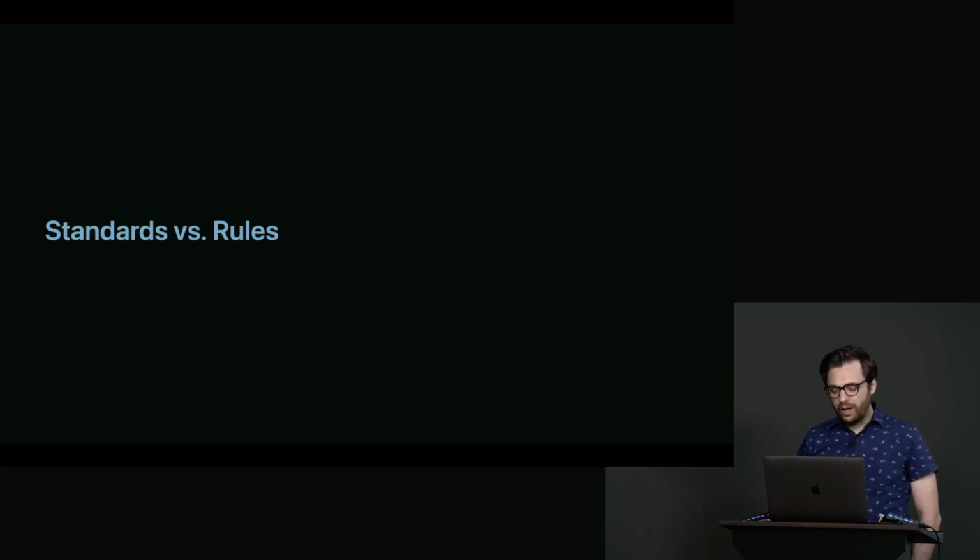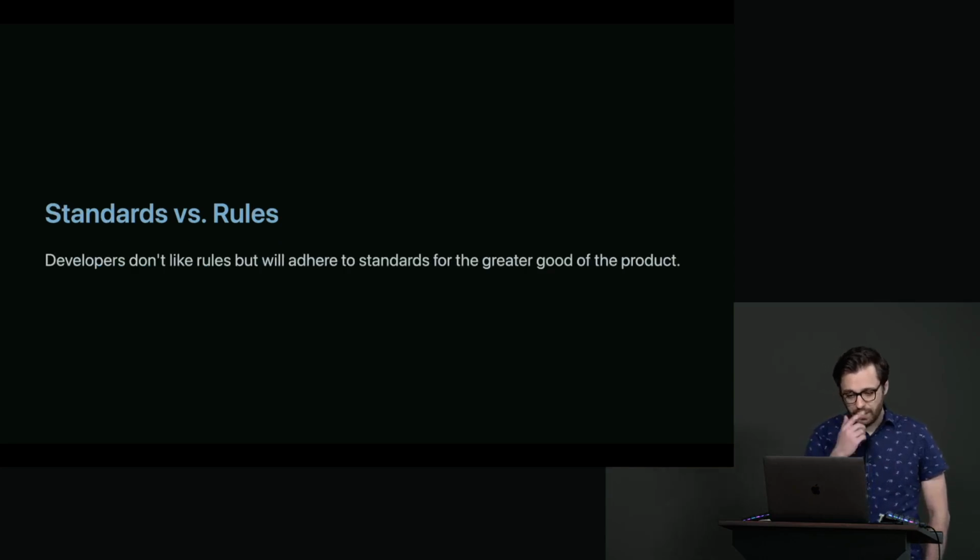And so what I want to talk about now is, okay, we've defined DevOps, and we have a good idea of at least some of the things we want to do. How do we do it in a way where we're not just stepping over everybody? And I think that first step is going to be implementing standards instead of rules, right?